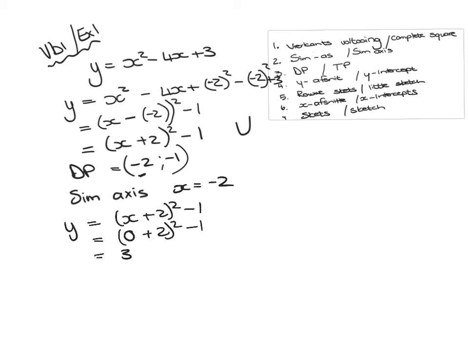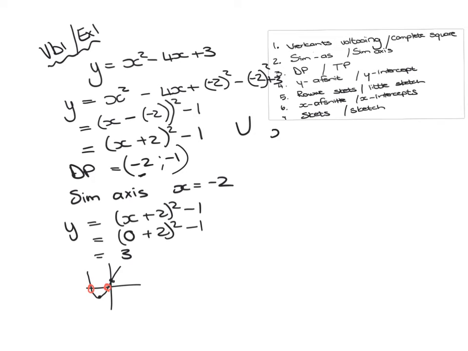Nou, as jy nou 'n rowwe sketsie gaan teken, if you do a rough little sketch, your turning point is minus 2 and minus 1. It is a smiley face, and it must go through 3. So that shows you that there are 2 x-intercepts. Daar's 2 x afsnitte.